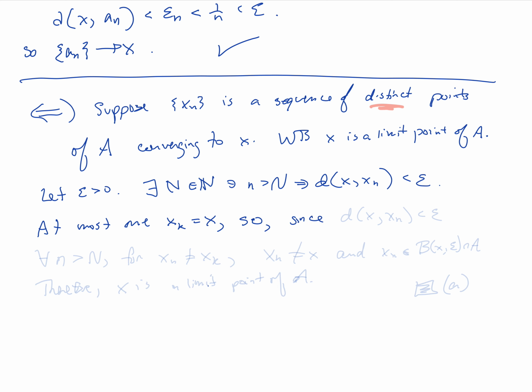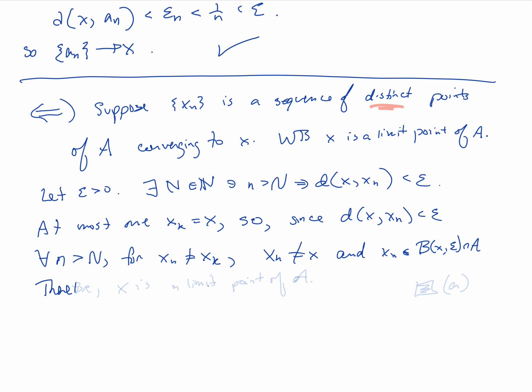Since the distance between x and x_n is less than epsilon for all n greater than N, then for x_n not equal to this particular x_k, that means that x_n is not equal to x, and x_n is in the ball centered at x of radius epsilon and also in the set A.